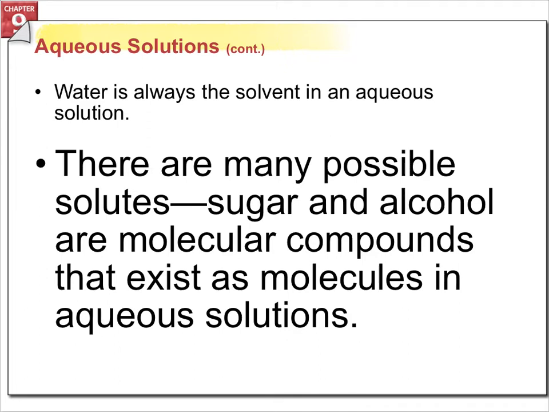So whatever the solute is, there's too many to even count here what they would be. Sugar could be one. We can also add alcohol. For example, the isopropyl alcohol that you probably have in your medicine cabinets at home is a mixture of a stronger propanol alcohol mixed with water.